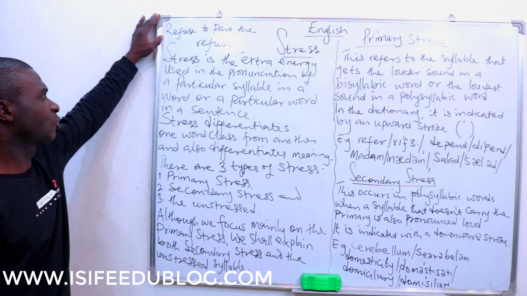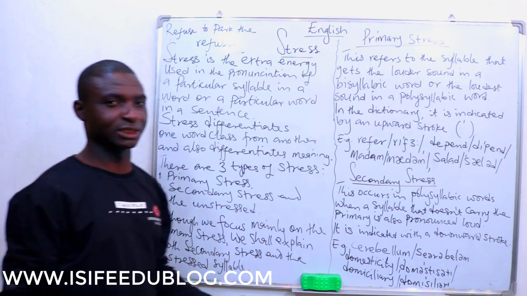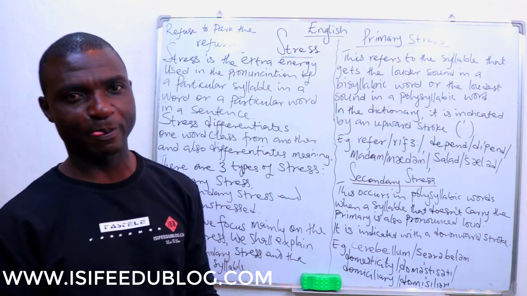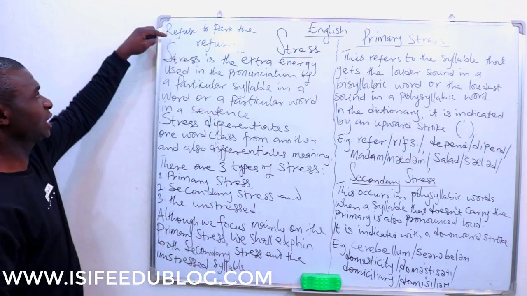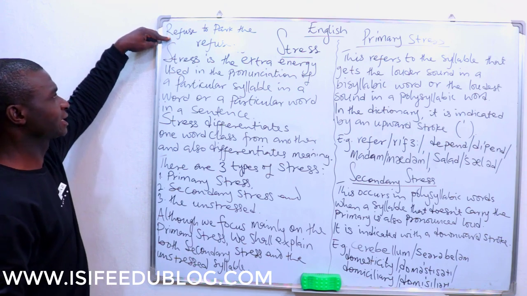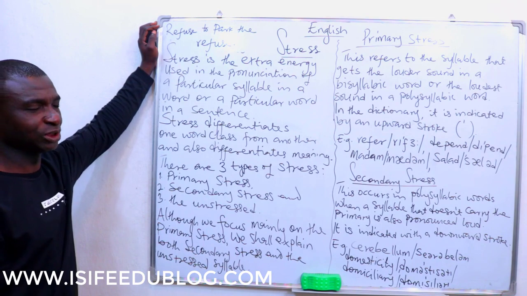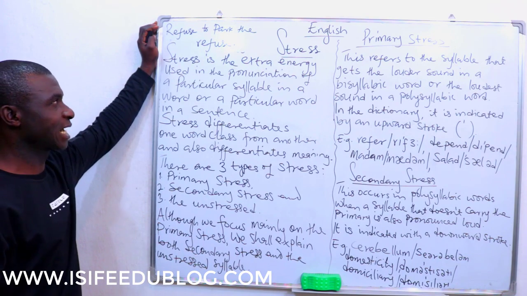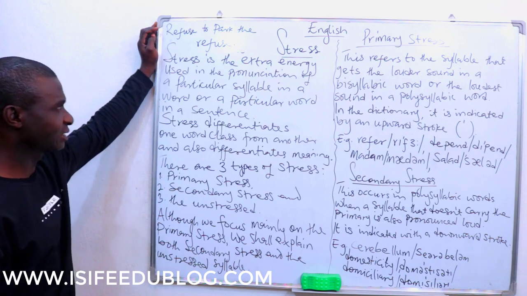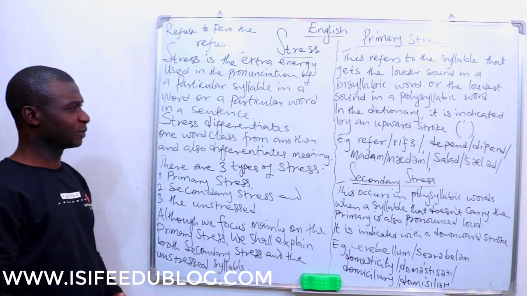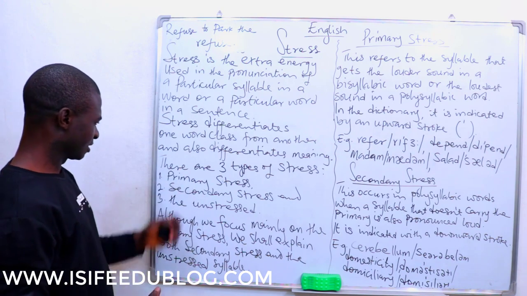Or, refuse to pack the refuse? In any of these sentences, we won't be communicating sense. And so, the proper thing to do is to stress this one on the second syllable and stress this on the first, and it will read, refuse to pack the refuse. That is a typical example of what stress does.